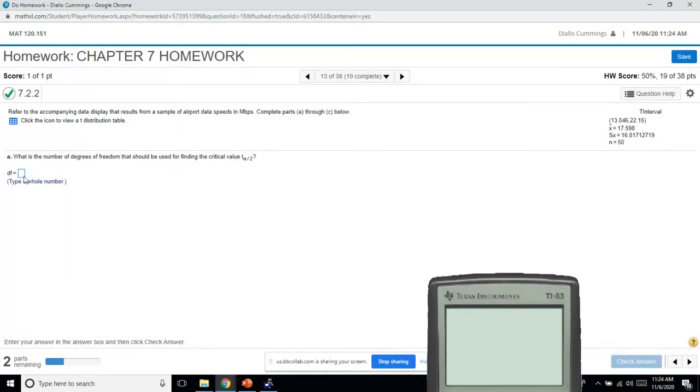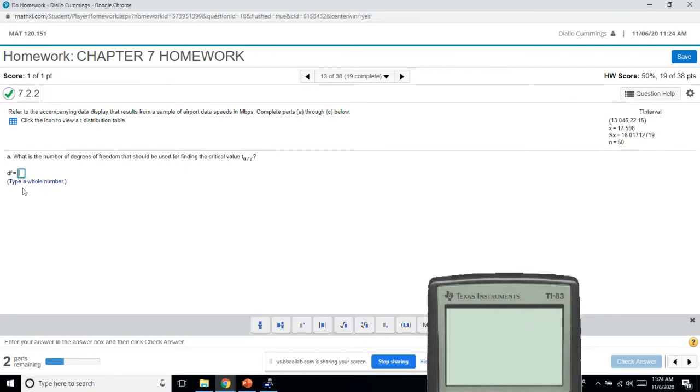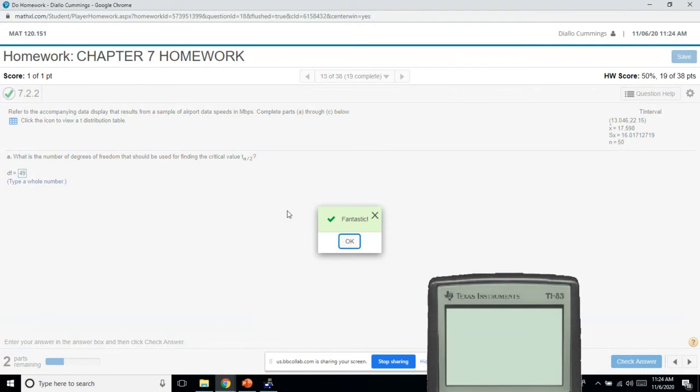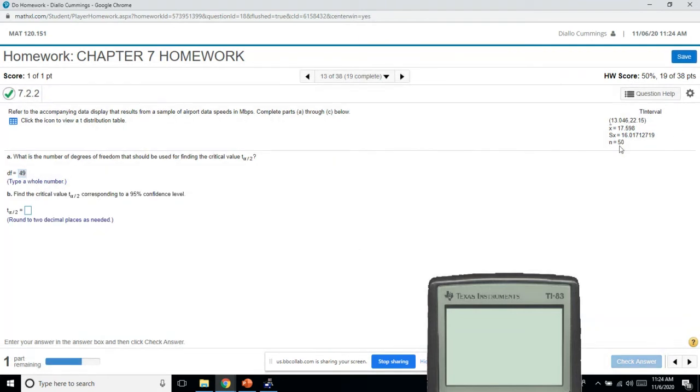Well, remember from the following information, the degrees of freedom is equal to n minus 1. So in my case, n is 50, so 50 minus 1 would give me 49. Right, so I simply take the value n, which is 50, and subtract 1, and that gives us our degrees of freedom.